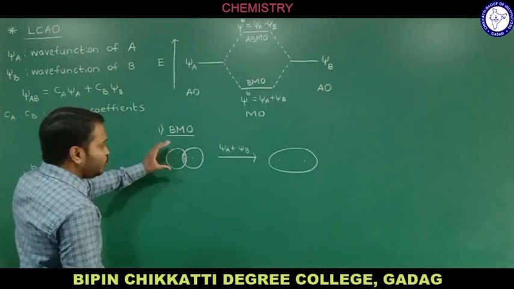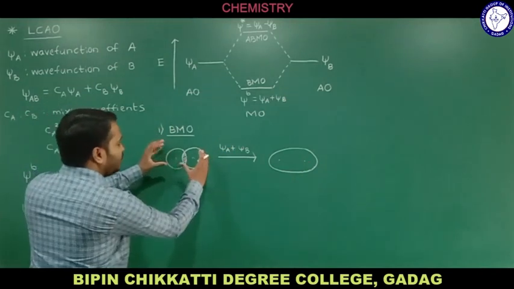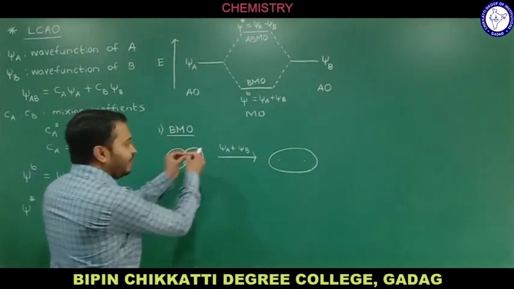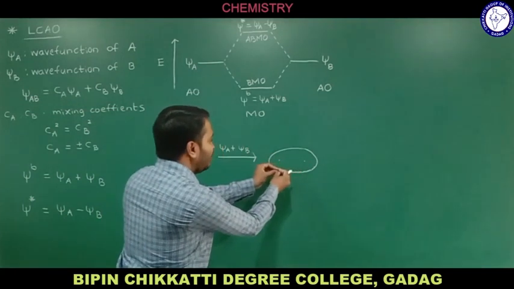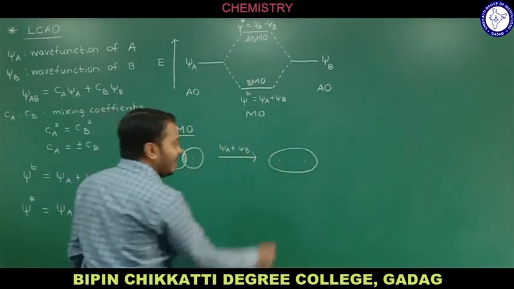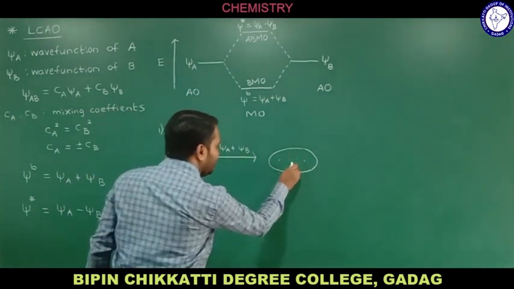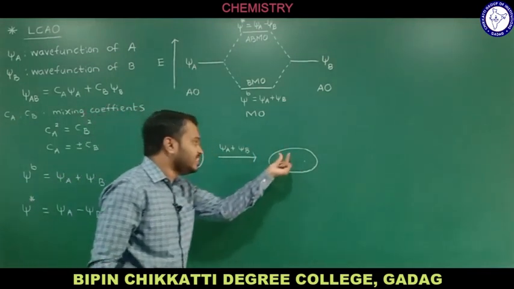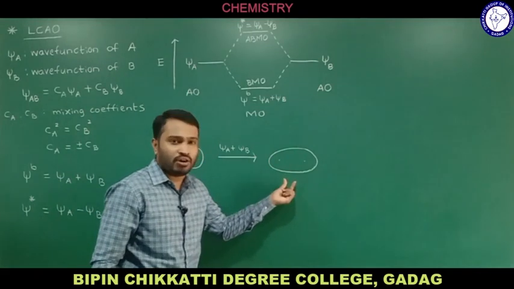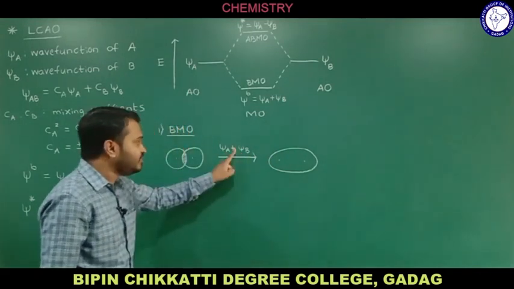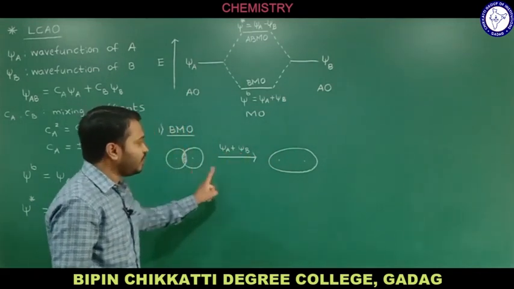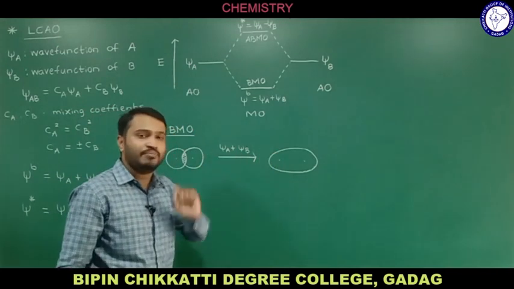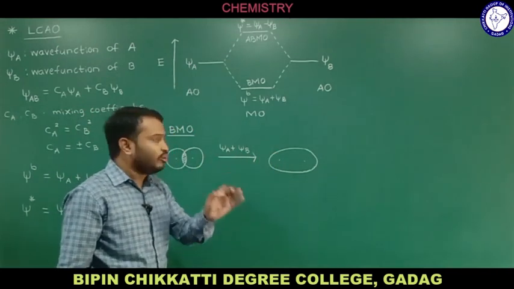Imagine these two atomic orbitals overlapping to give a molecular orbital, where the probability of finding the electron will be more. Since addition of atomic orbitals takes place, this is the bonding molecular orbital, BMO.